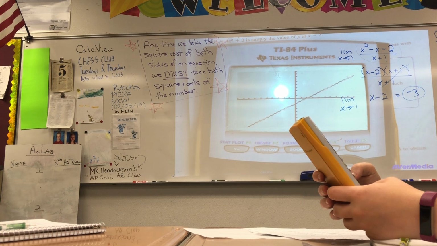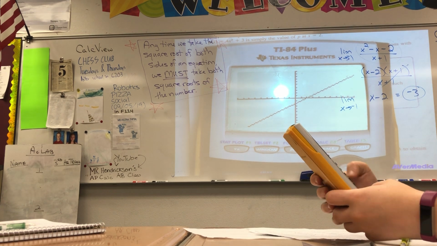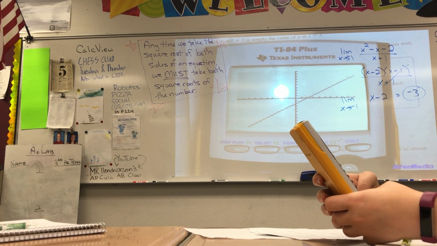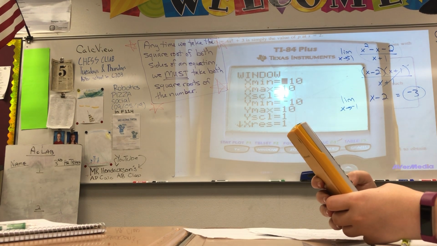So you see what the graph looks like. If we're looking for the limit as x approaches -1, I'm going to get closer to that.